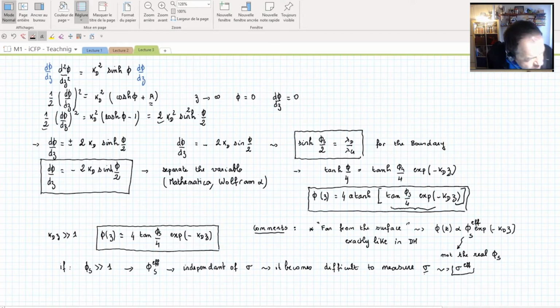Okay, so the main message here is that when we have a charged surface, first of all, close to the surface, there is no more electroneutrality. Secondly, the size over which we have this profile of density due to thermal fluctuation is the Debye length, so that's an important length.